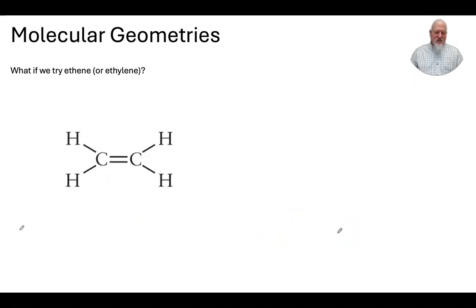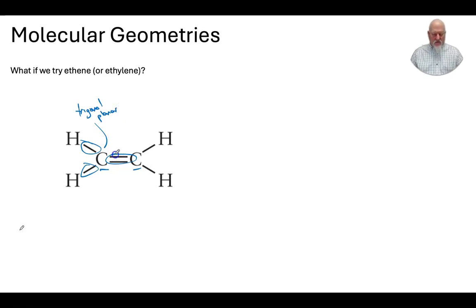So if we do this again for this molecule, ethene or ethylene, same thing, just we name it a couple different ways. We're going to look at each of the carbons. The carbon on the left has 1, 2, 3 bonding groups. Remember, 3 bonding groups are trigonal planar.